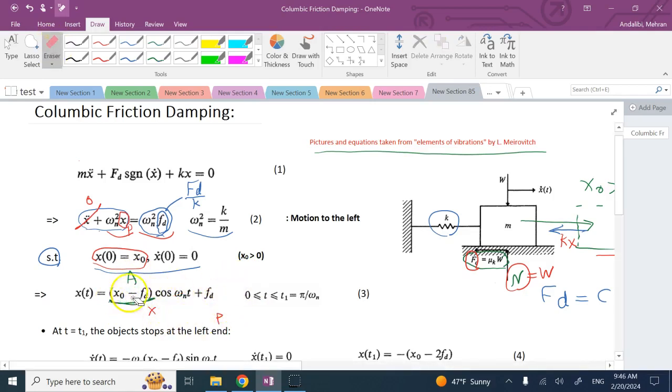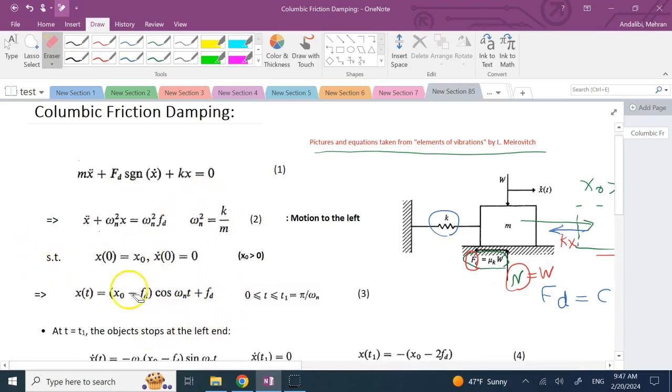Good? Now, this is the solution. And the solution is valid from t of 0, where you start, to some t equal t1 where this mass stops. Why does it stop?